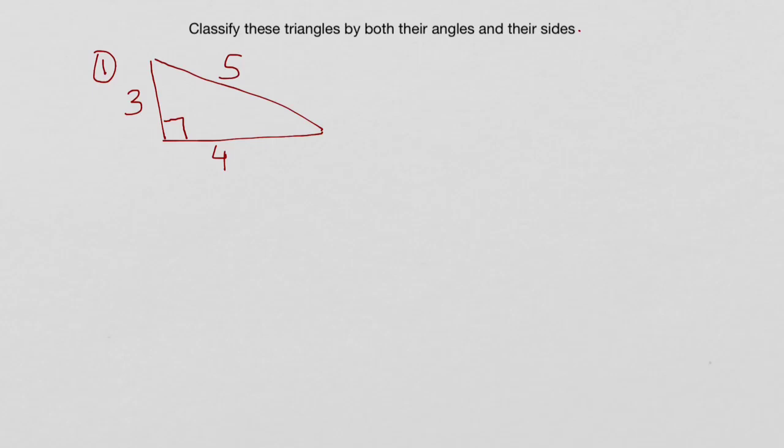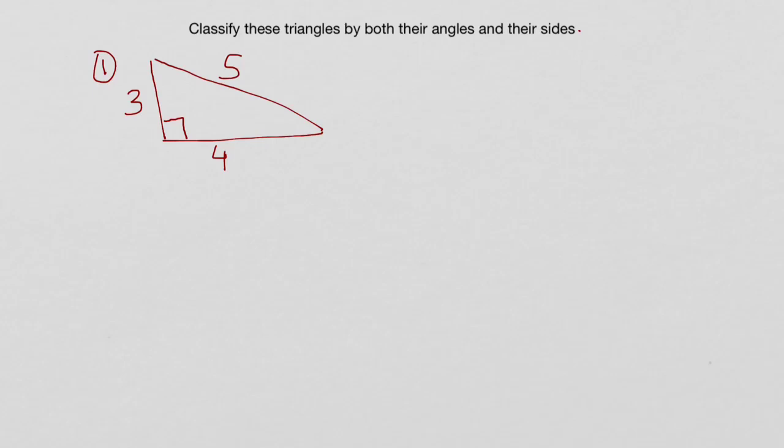Okay, I'm going to ask you to classify some triangles by both their angles and their sides. So they're going to have two different names. So let's try one here. Let's say I draw this picture. Don't judge by how it looks, just judge by how I've labeled it. Okay, so if you see that, there should be a couple of things.